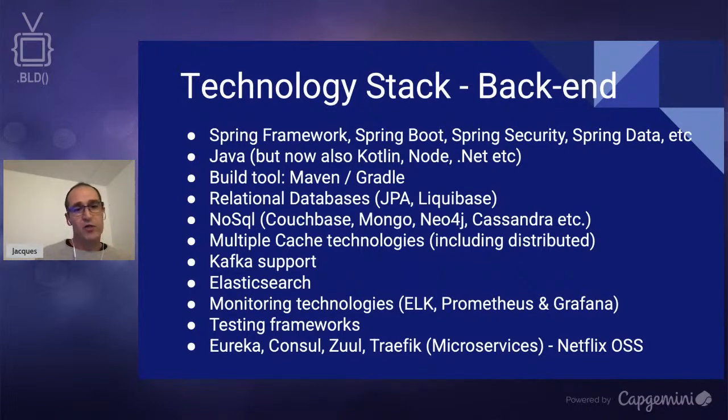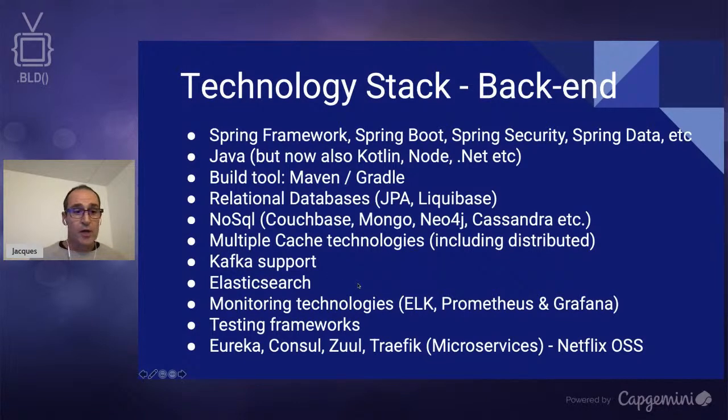On the backend, it's leveraging the build tool Maven or Gradle. On the persistence side, it supports relational databases through JPA and also Liquibase. For NoSQL, it's got support for Couchbase, Mongo, Neo4j, and Cassandra. It includes multiple cache technologies, including distributed caching technologies. It's got support for Kafka and for Elasticsearch.